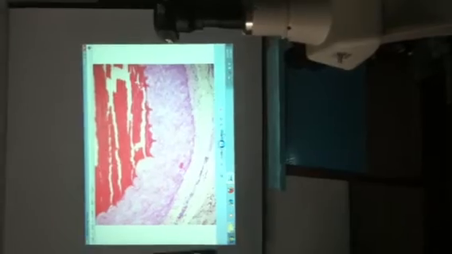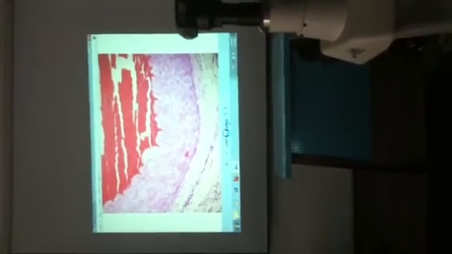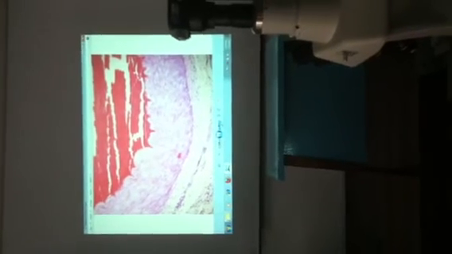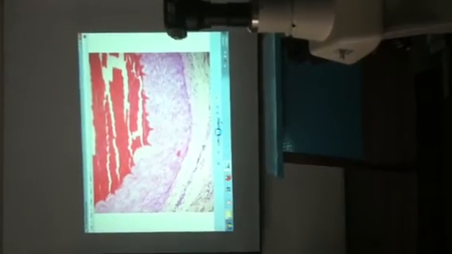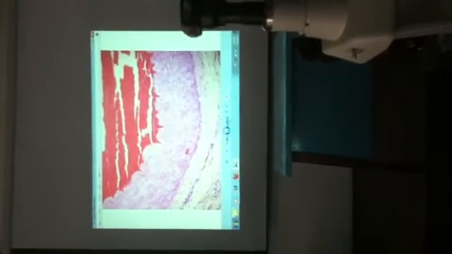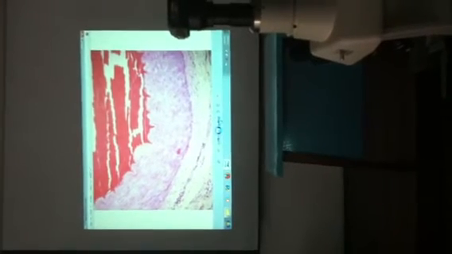So this is the lumen of the blood vessel. These are blood clots. In case you didn't know that this is a blood clot, only that is the simple squamous epithelium. In blood vessels, it is specifically called endothelium. Simple squamous epithelium in blood vessels, it is called endothelium.